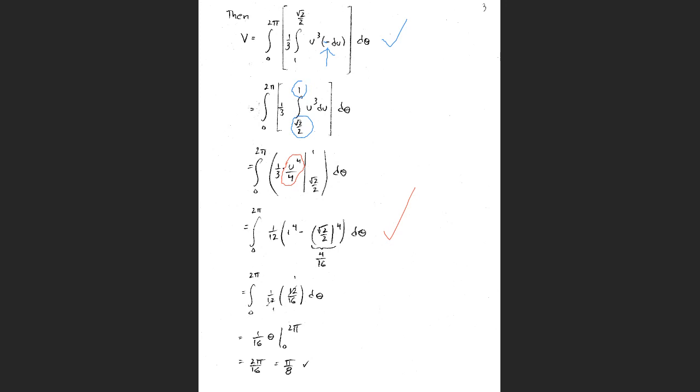Now, 1 to the 4th is 1, and root 2 over 2 to the 4th is just 4 over 16. In the denominator, you have 2 times 2 times 2 times 2, that's 16. And in the numerator, root 2 times root 2 is 2, another root 2 times root 2 is 2, and 2 times 2 is 4.